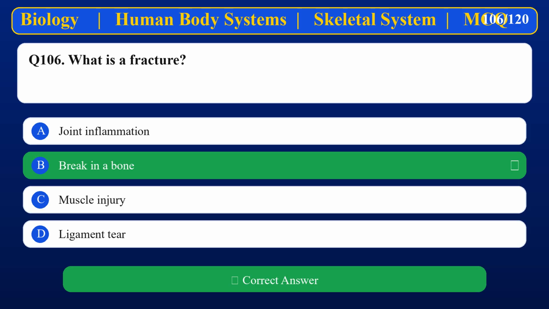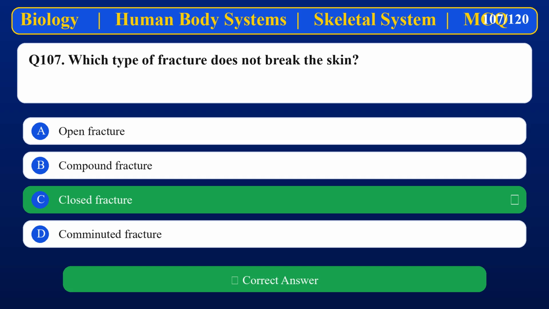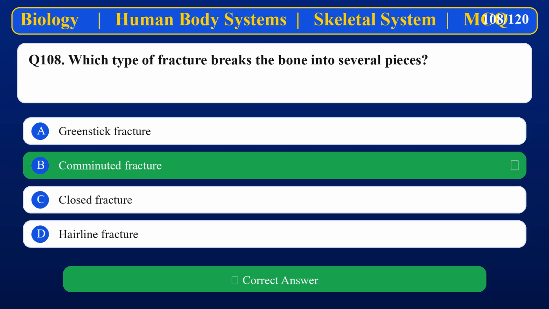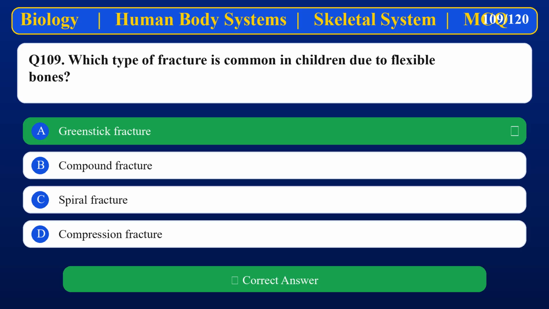Break in a bone. Which type of fracture does not break the skin? Closed fracture. Which type of fracture breaks the bone into several pieces? Comminuted fracture. Which type of fracture is common in children due to flexible bones? Green stick fracture.